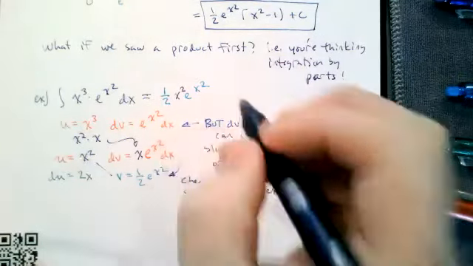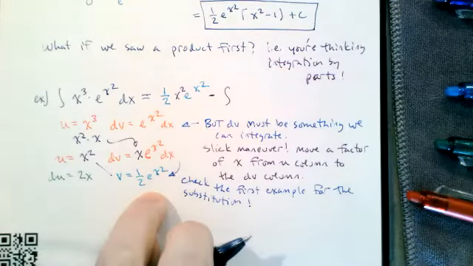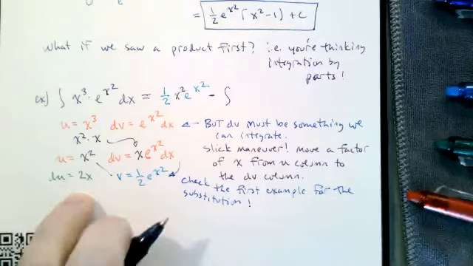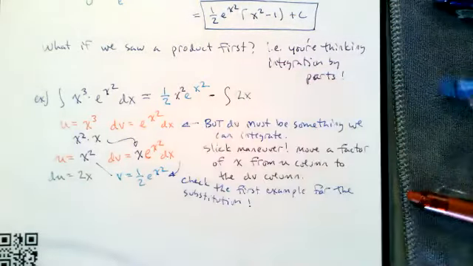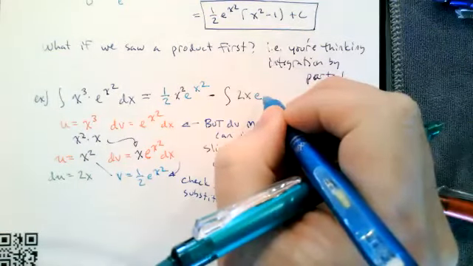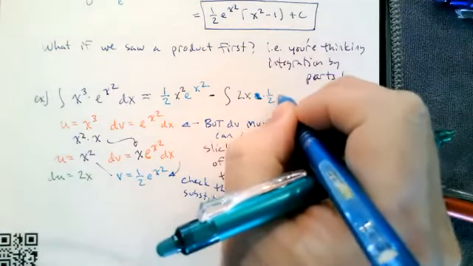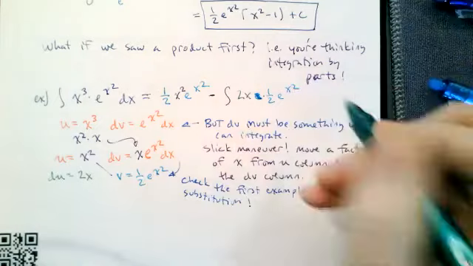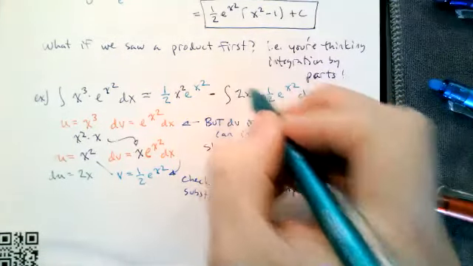minus the integral of 1/2 e to the x squared times 2x. We can cancel out the 2's.